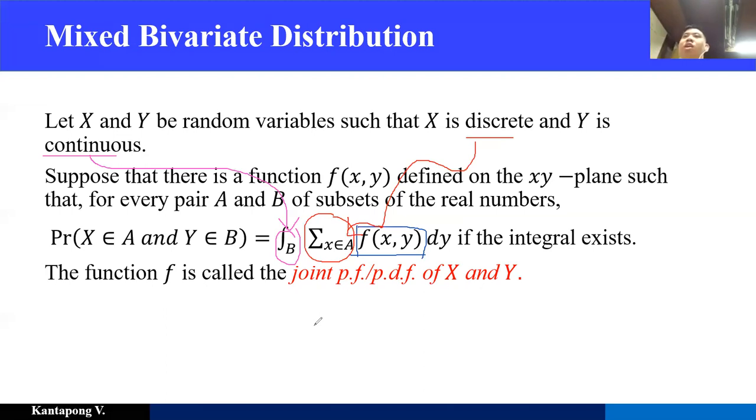But can we write it in the inverse order? Yes, because the sum and integral we can switch the order. So we can write it out like this. That's all.